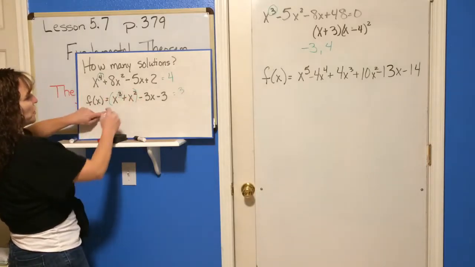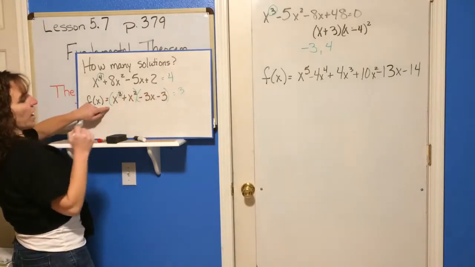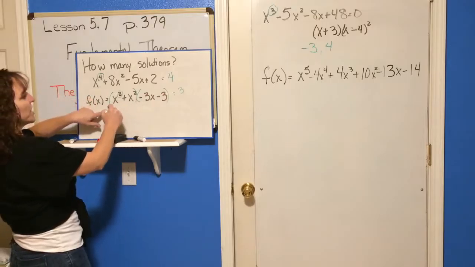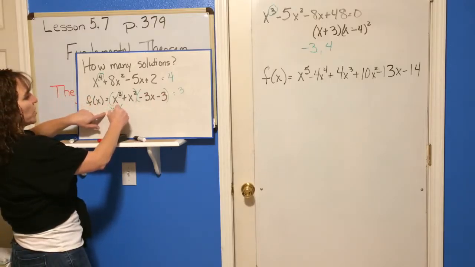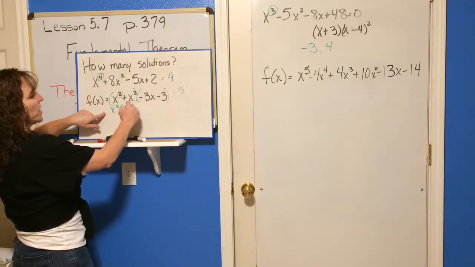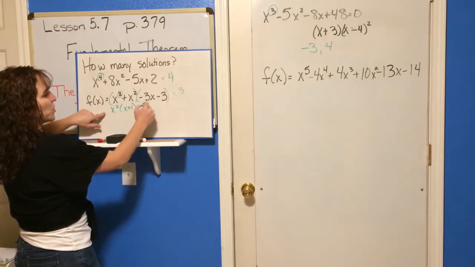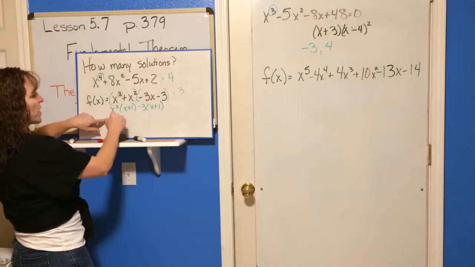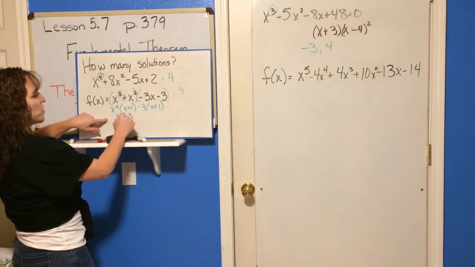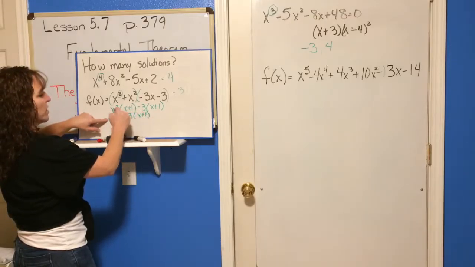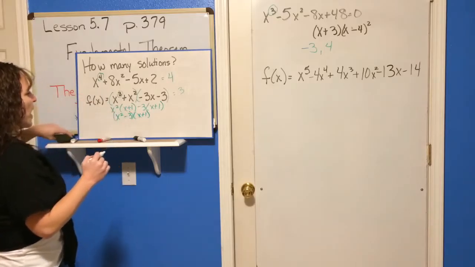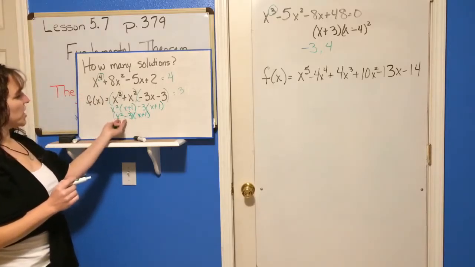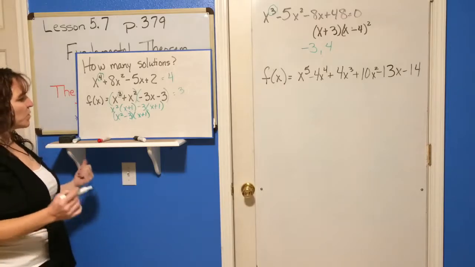Now, when you find those solutions, we can use grouping to get this one. So x squared times x plus 1, and we've got -3 times x plus 1. So x squared minus 3 times x plus 1. In this case, it looks like we just have 2.